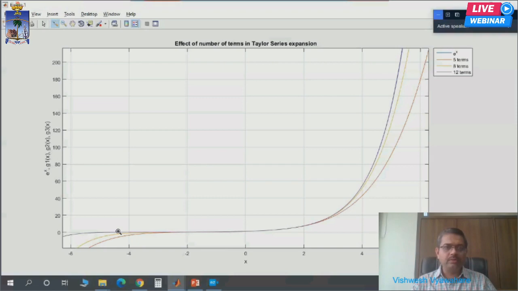And this is how you can study the Taylor series expansion. We have learned this, but no one has explained it to us in this way: why Taylor series expansion depends on the number of terms, and if you increase the number of terms, how it becomes more convergent.